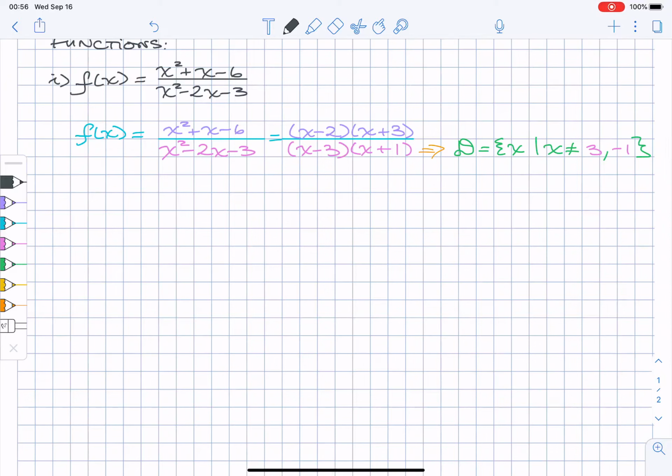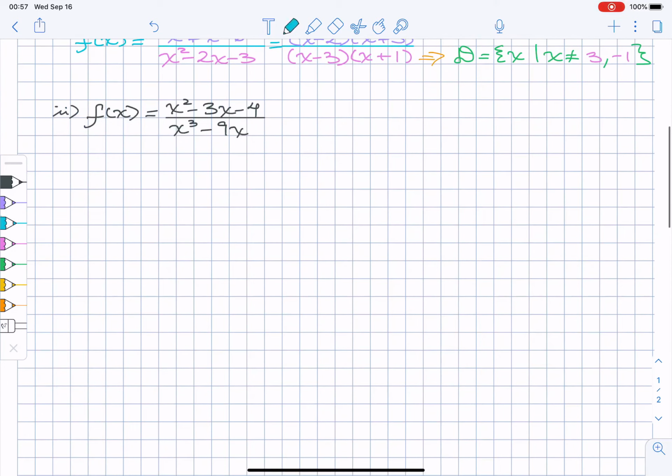So number 2. Let's say we have that f of x is equal to, in the numerator, x squared minus 3x minus 4, and in the denominator, x cubed minus 9x.